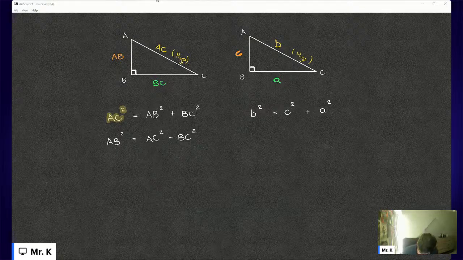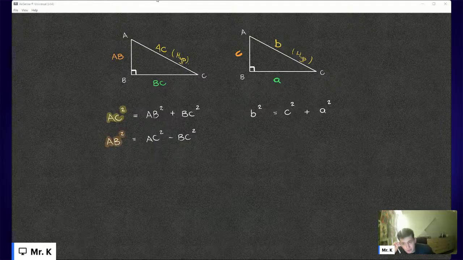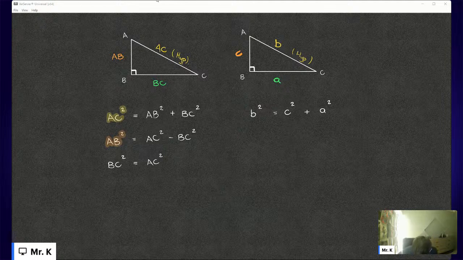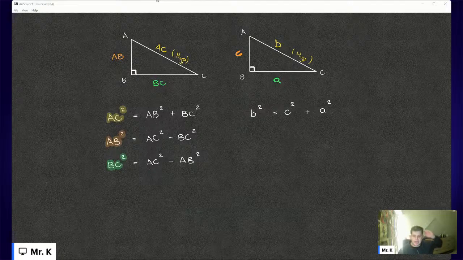Now, pay close attention to the fact that my sign has changed, but so has the focus of my formula. And I can do the same once more. I can say that BC squared is equal to AC squared minus AB squared.